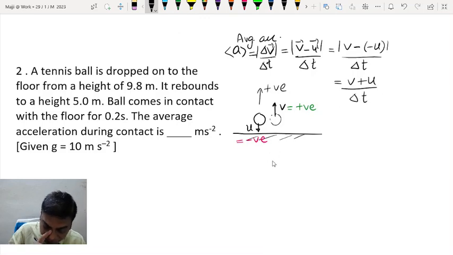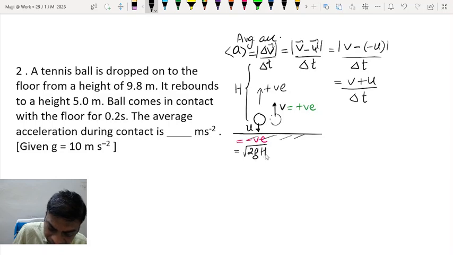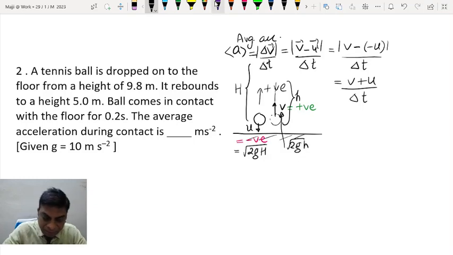Then you know that if a particle is allowed to fall from a height h, the speed acquired is under root 2gh. Similarly, if a particle rises to a height h, the speed with which it rebounds is also equal to root 2gh.